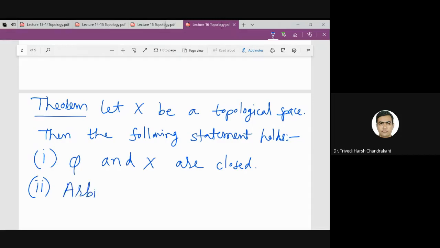So what are the properties of closed sets? The second property: an arbitrary intersection of closed sets is closed.